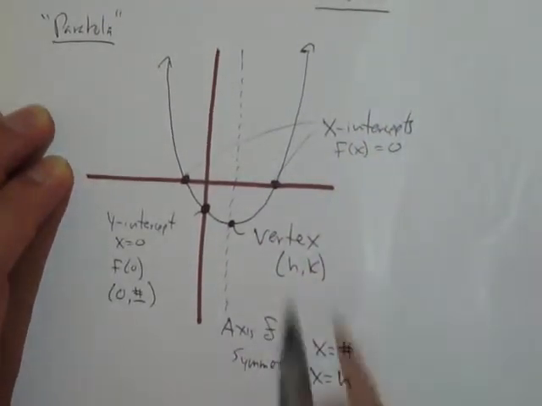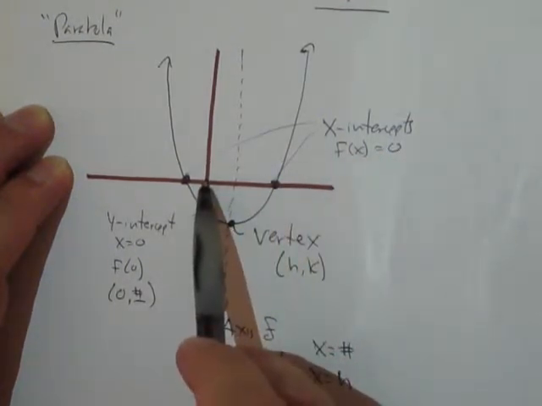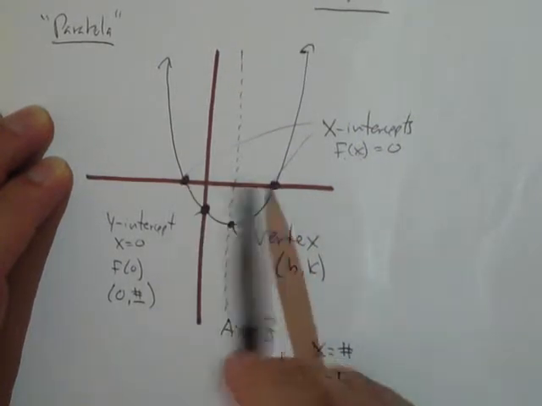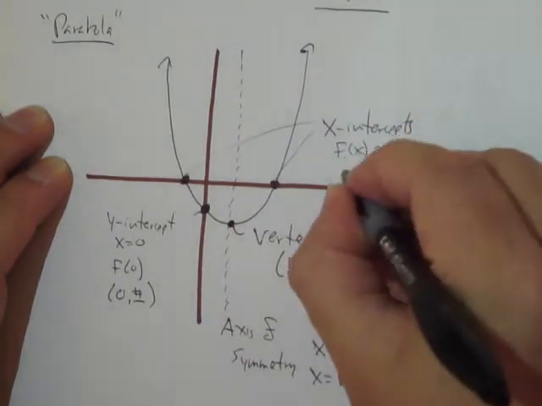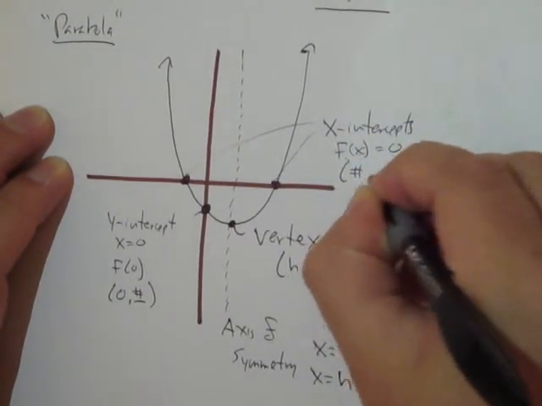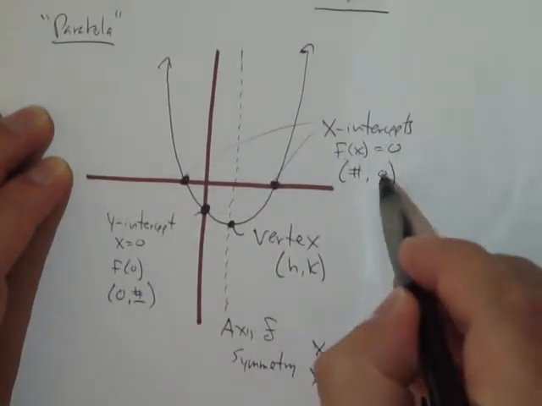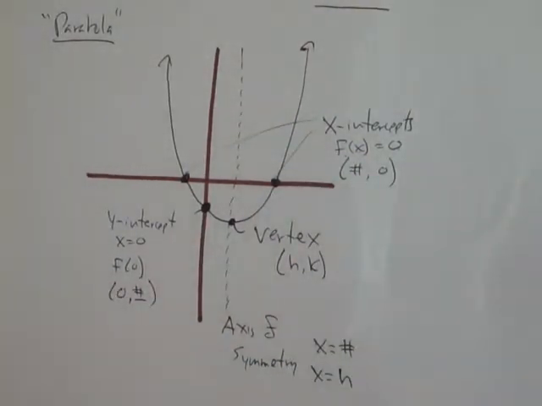We saw that on the last test, where some number goes in, so we go over some amount and then we don't go up or down any, so we end up exactly on the x-axis. So f of x equals 0. That's when our x-intercepts happen. And again, there are 2 points, and they would look like some number, and then 0, because the y value is 0 for that point. Okay, so that's all the stuff that we know about the parabola.